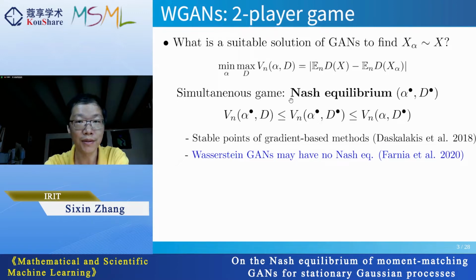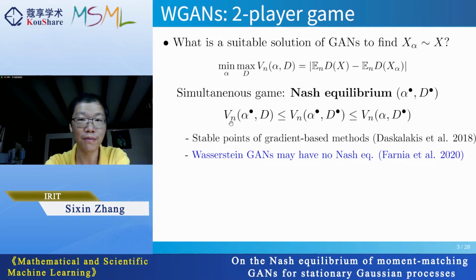The natural solution is called Nash equilibrium, which says that there's a solution alpha dot, D dot, where alpha dot is a local minimum for Vn for the D dot, and D dot is a local maximum. Then there's a global minimum, global maximum version.